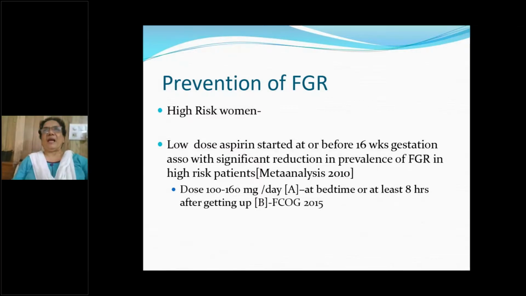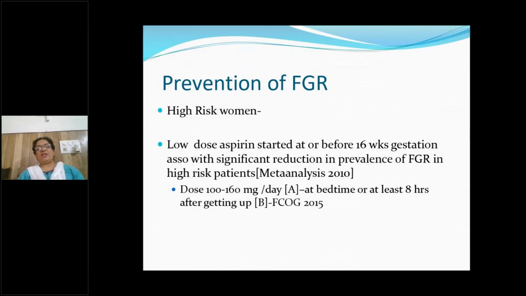This is the ASPIRIN trial, which found that it reduces the incidence of fetal growth restriction quite significantly, so it can be done. Our strategy in an Indian scenario will be to identify the patients who are at high risk based on their history, especially if the patient has a previous fetal growth restriction, preeclampsia or chronic hypertension in this pregnancy.